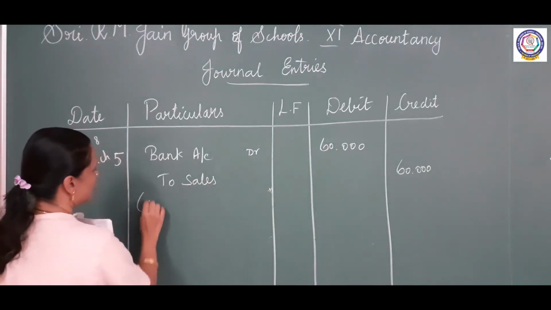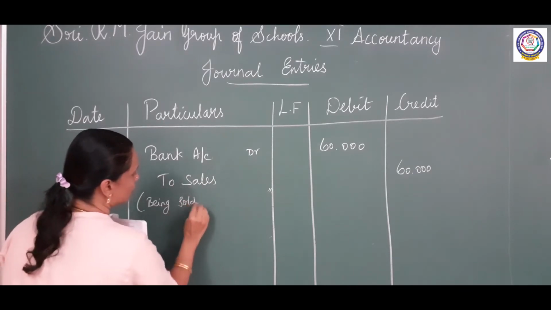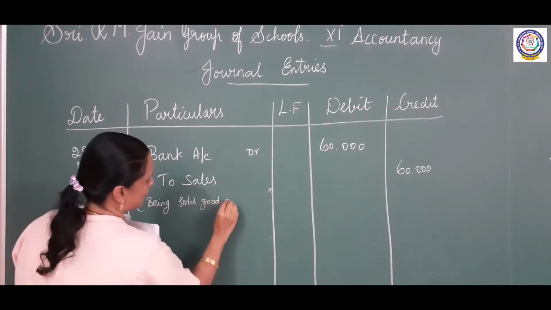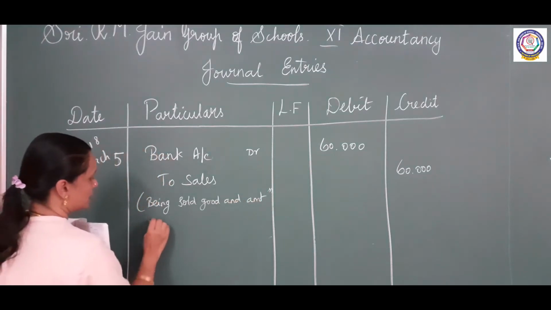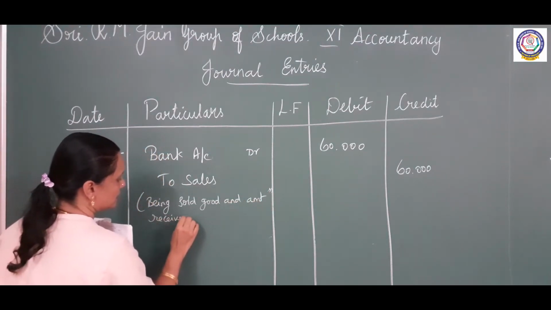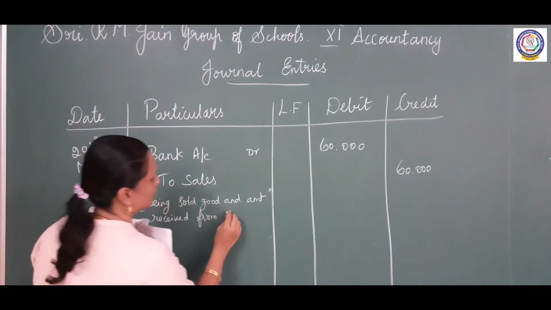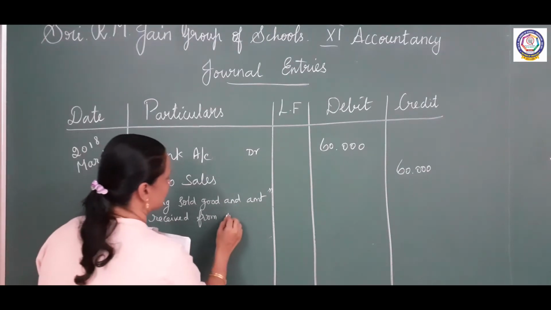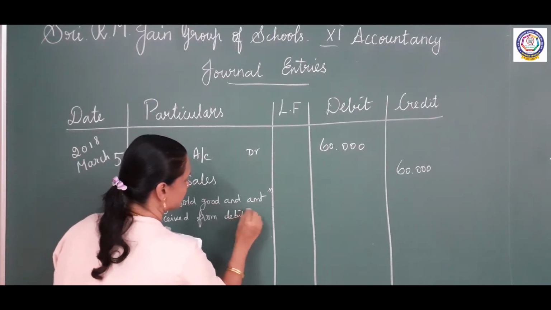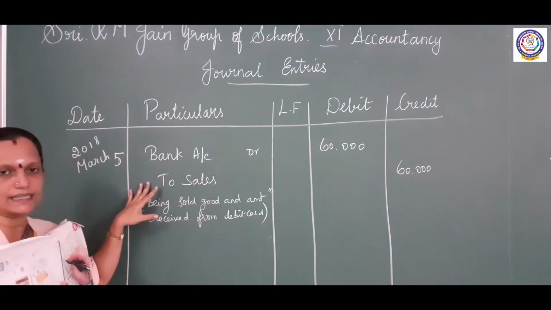So being sold goods and amount received from debit card. Through the debit card they are getting the money.